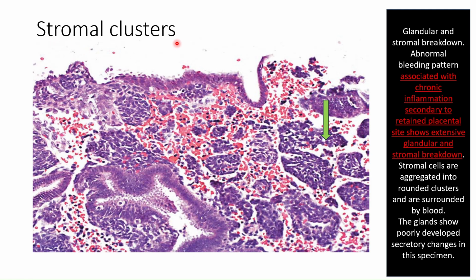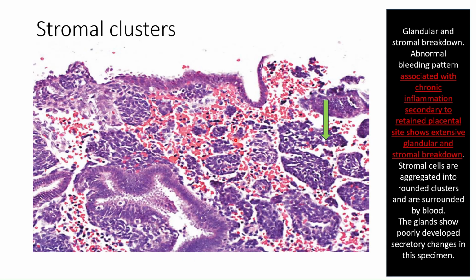So, stromal clusters. In this section we can see the stromal cells are aggregated into rounded clusters and surrounded by RBCs. So, stromal collapse or clusters. Some glands are showing poorly secretory change.